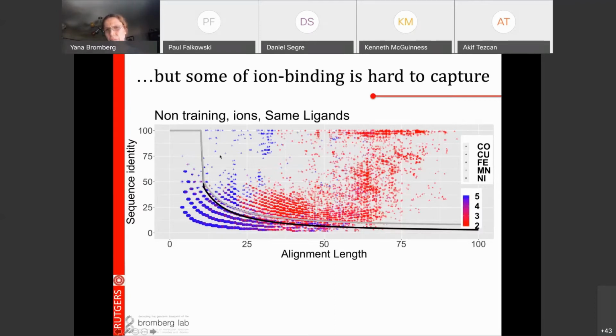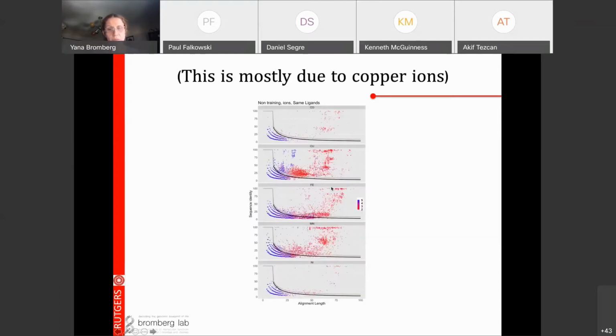I don't know if you're seeing my arrow, but I'm pointing to the upper left corner of the graph, and there's a bunch of blues, and these are all triangles, which are copper. And if I split it up into the individual ions, you could see that the only problem is here, because the blue on the top left is only here, not here, not here, and not here.